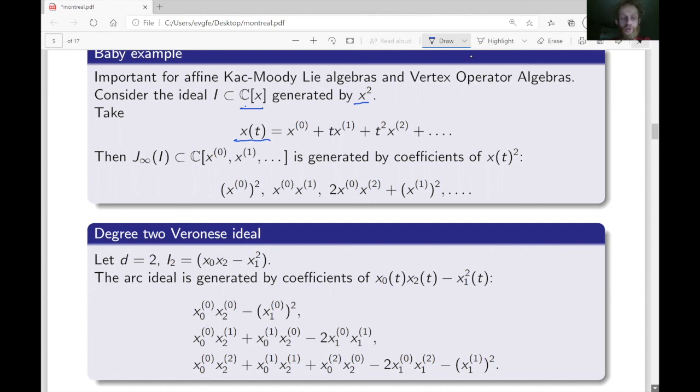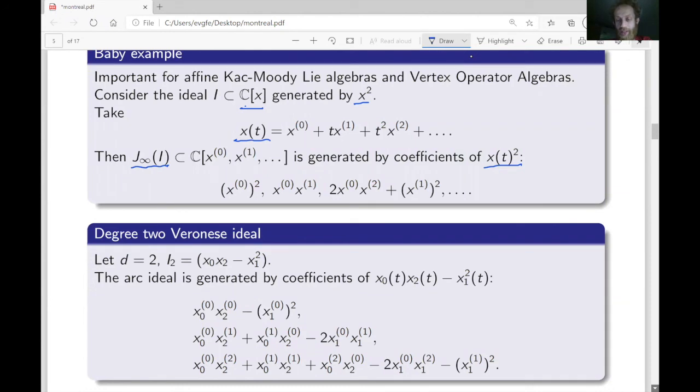And what is our J infinity of I? This is now an ideal inside the polynomial ring in this infinite number of variables. And what we have to do, our recipe, is to start with x(t) squared, which is just the square of the generating function.